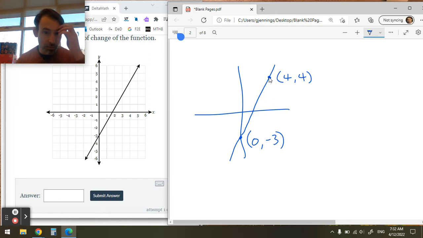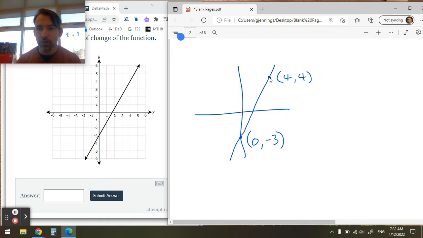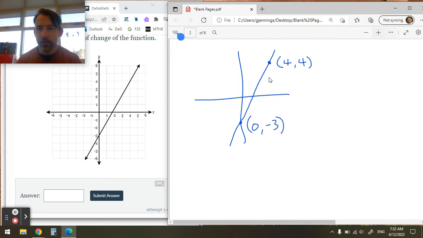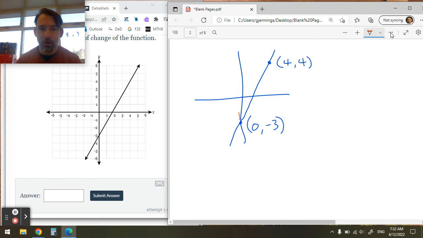And it goes right through the center of those points. And then what I want to do is say, well, while this is growing, how much does it grow? How much does it move? And so that would look like this. It rises 7, and then it runs 4.